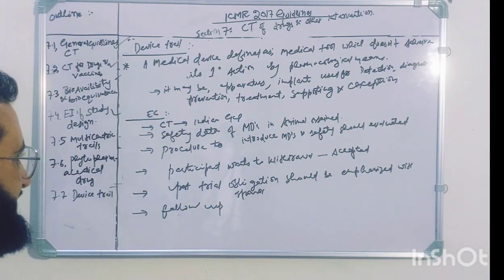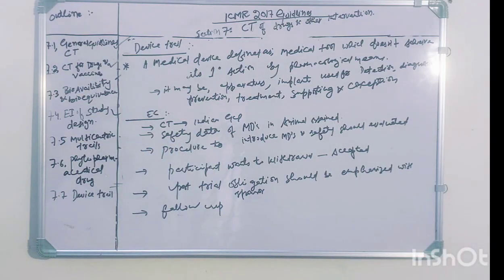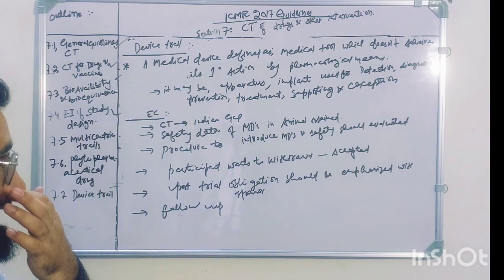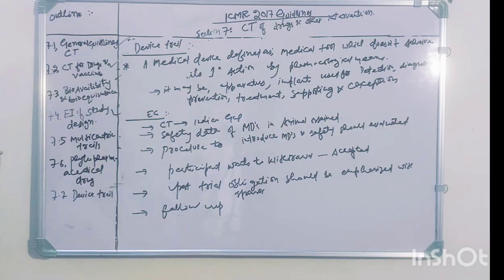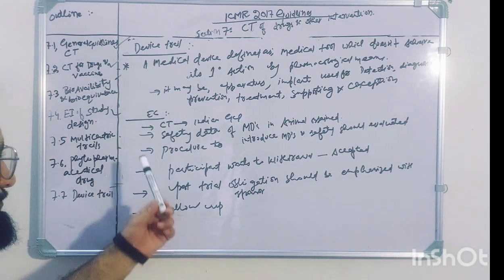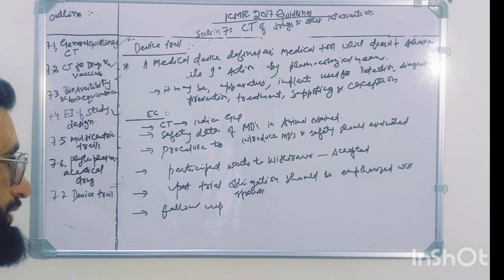The ethical consideration is that the clinical trial for a medical device should be carried out as per the Indian Good Clinical Practice Guidelines, and safety data of medical devices should be obtained in animals also before initiating clinical trials in humans. The procedure to introduce medical devices into humans and its safety should also be evaluated.